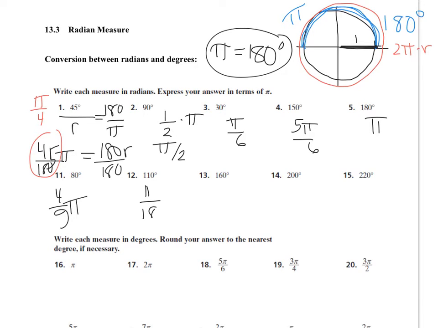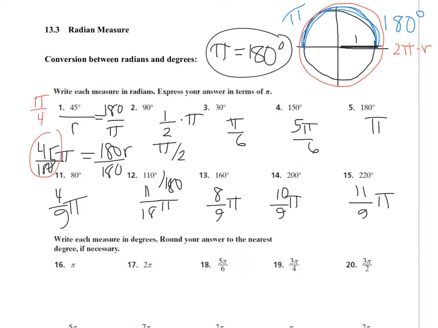So all I'm doing is reducing 110 over 180. So 11/18 pi. 8/9 pi. 10/9 pi. And 11/9 pi. It's just reducing fractions over and over again.